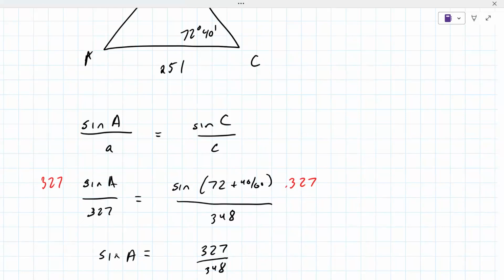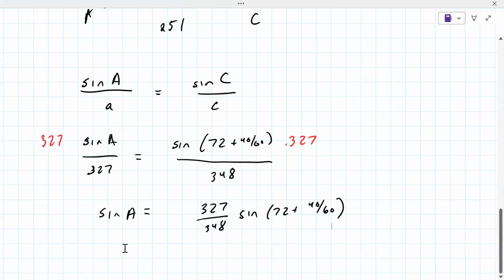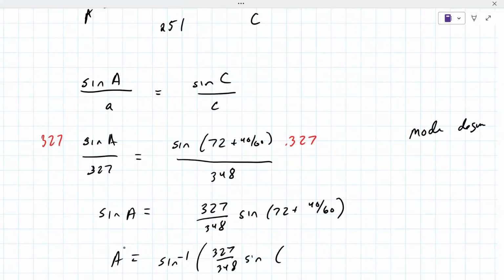Now, I tend to write the coefficients in front. It's a little less likely to make mistakes. So A is the sine inverse of this. Oh yeah, other thing, make sure your calculator mode is in degree, not radian, especially if you're switching between classes.